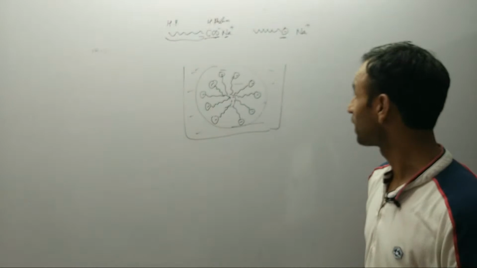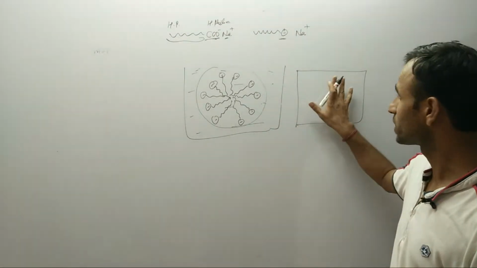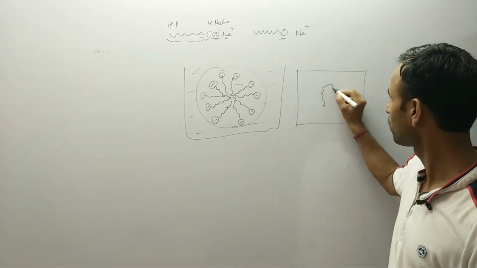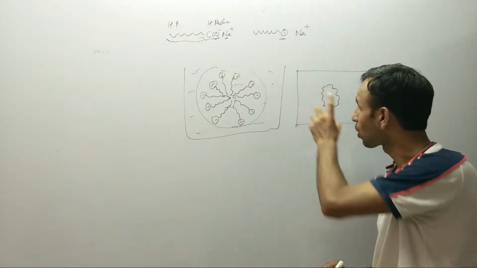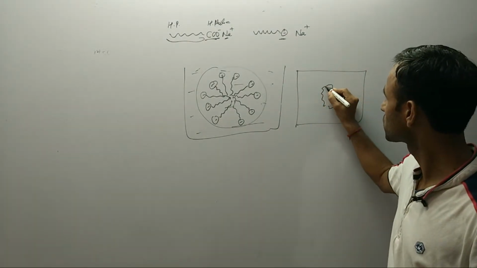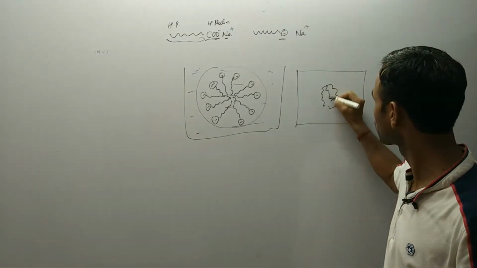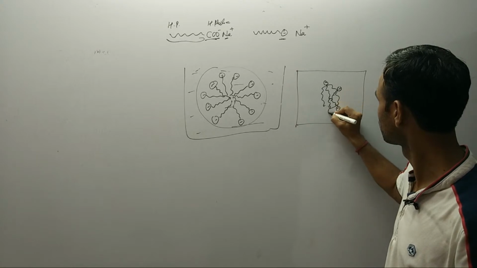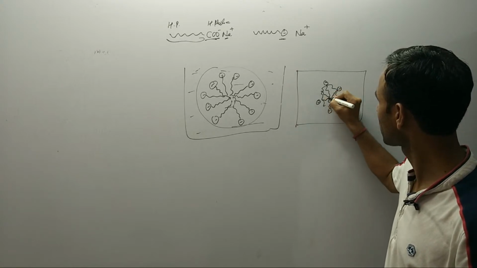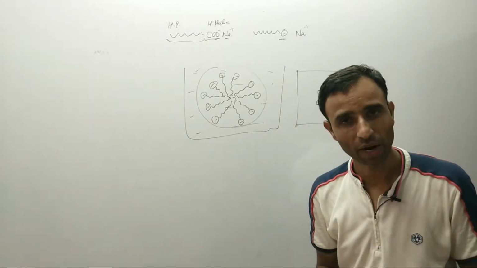And if you would like to remove dirt, the cleansing action of soap, let us take the example of a fiber where there is dirt. Now the dirt is oily, so the hydrophobic part enters into it like this and traps the oily part.